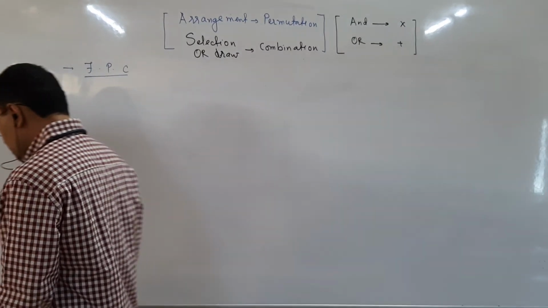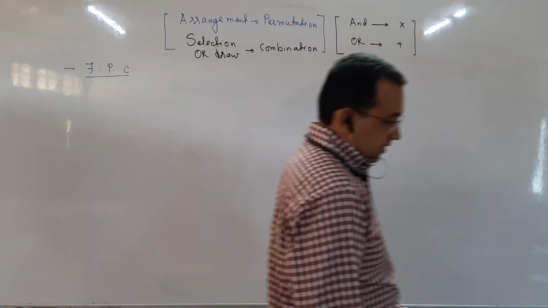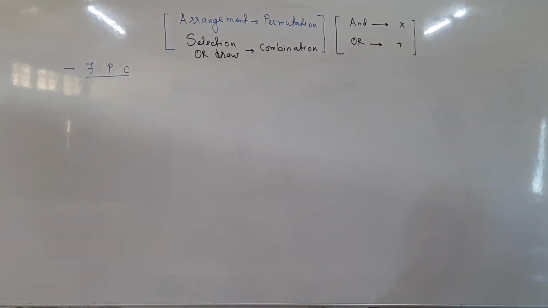This was the first concept in the chapter. Suppose an event can occur in m ways, correspondingly after that the second event can occur in n ways, and after that the third event can occur in p ways.